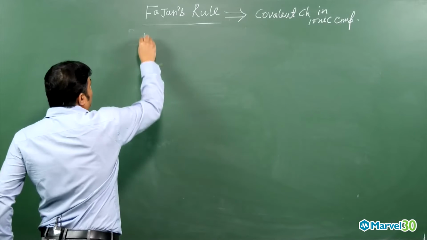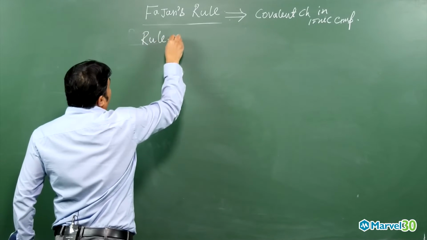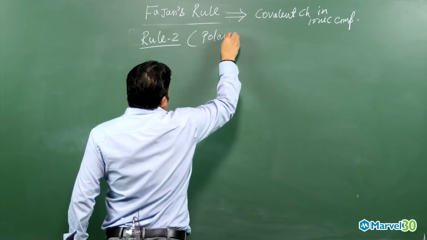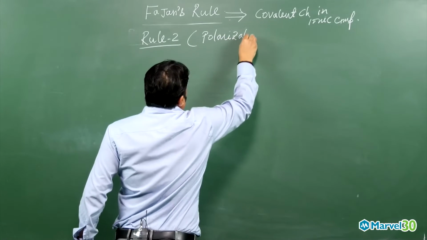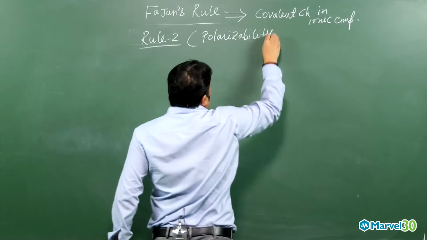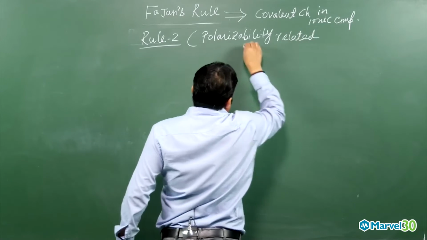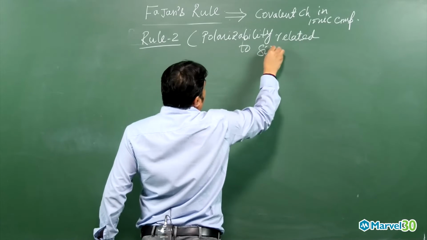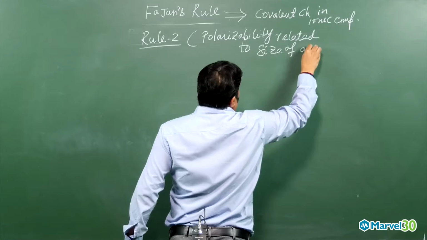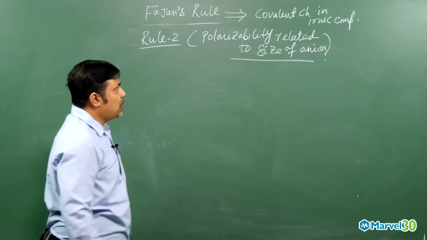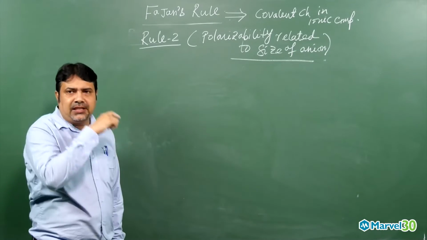In rule 2, what Fajan is telling is that polarizability is related to the size of the anion, my dear.